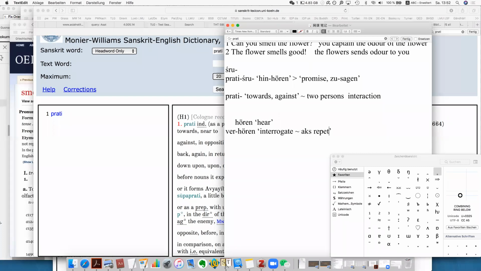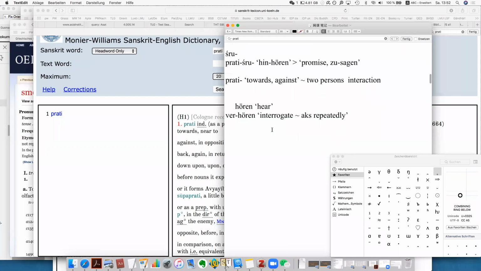Yeah, it means actually the opposite. To hear: you hear something, and then you ask something. So this is to hear, and then this is to ask.